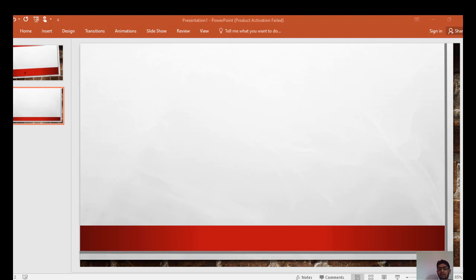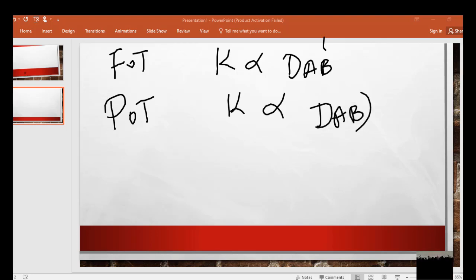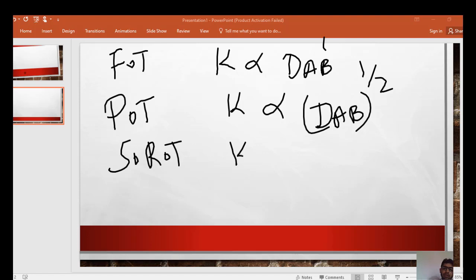So as a summary, the film theory shows us that k is directly proportional to the diffusivity of A and B to the power 1. The penetration theory shows us that k is directly proportional to the diffusivity of A and B to the power 1 over 2. The surface renewal theory shows that k is directly proportional to the diffusivity of components A and B to the power 1 over 2.